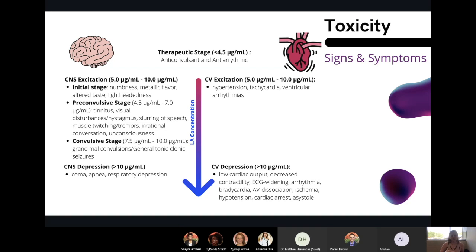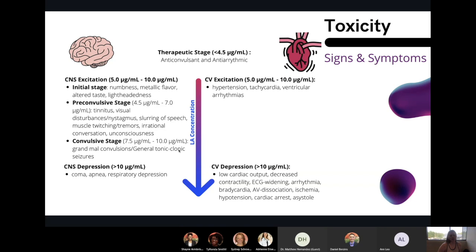For instance, the patient may have CNS toxicity and cardiovascular toxicity signs that happen at the same time. If it is injected directly into the vascular access to the brain, symptoms may appear more rapidly, within seconds, to convulsions, coma, respiratory depression, and cardiovascular toxicity.